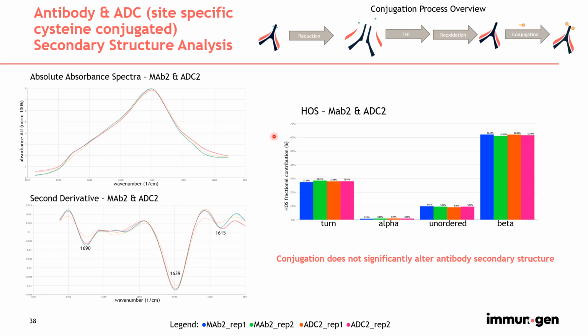As we can see, there is great agreement between the fractional contributions for each of these elements between the antibody and the ADC. Considering that the conjugation process involves a global reduction and a reoxidation step, it was good to see that the process does not actually significantly alter the antibody secondary structure even upon conjugation.